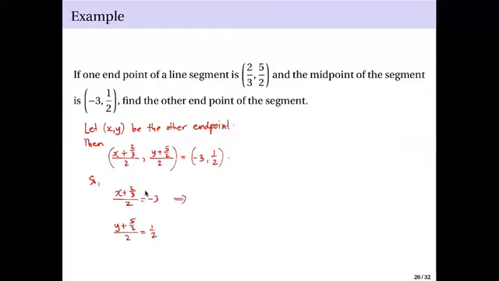We multiply both sides of the equation by 2. We have x plus 2/3 must be equal to -6, or we have x equals -6 minus 2/3.